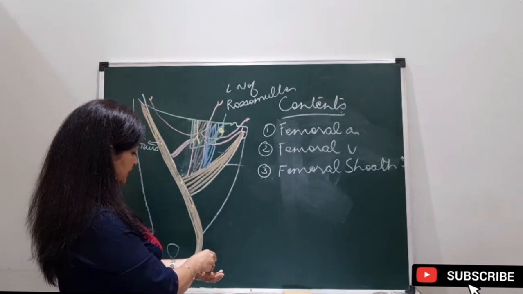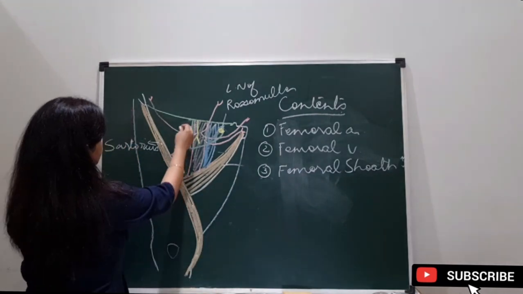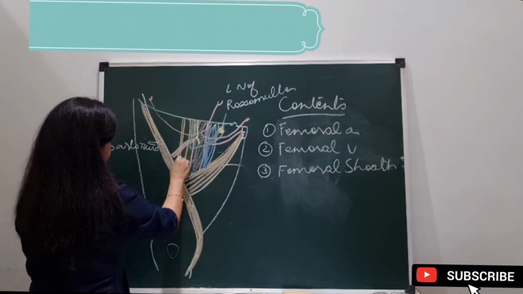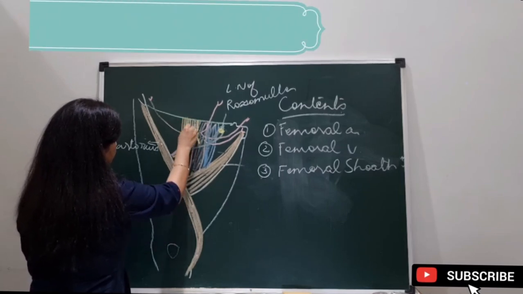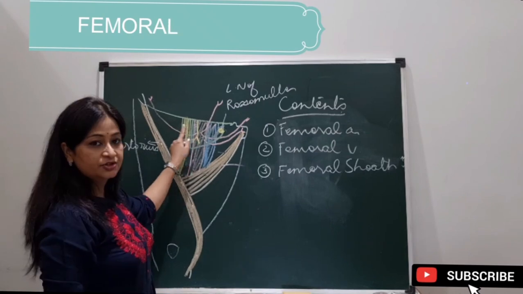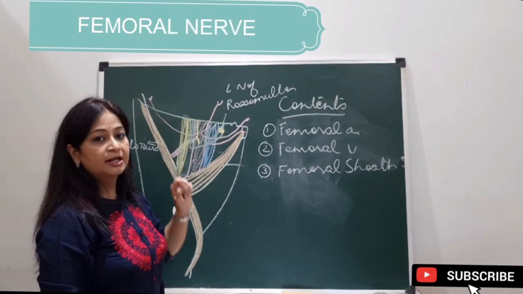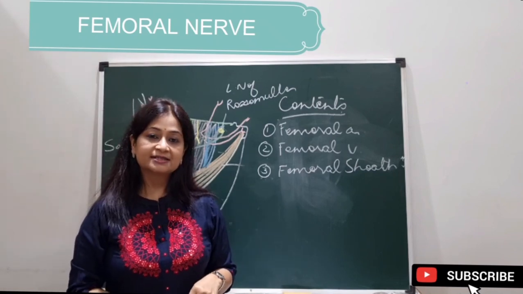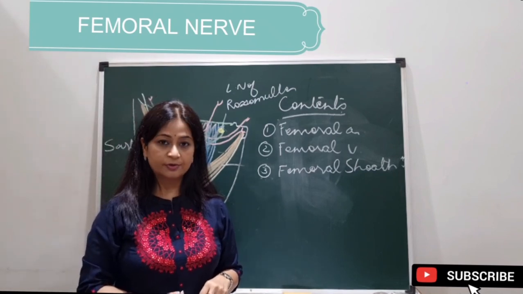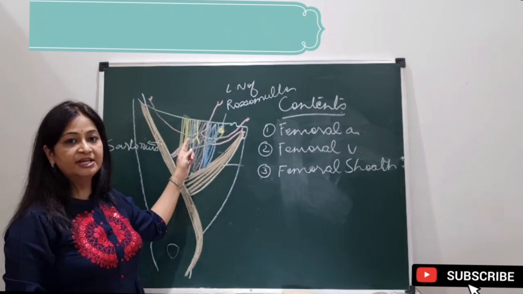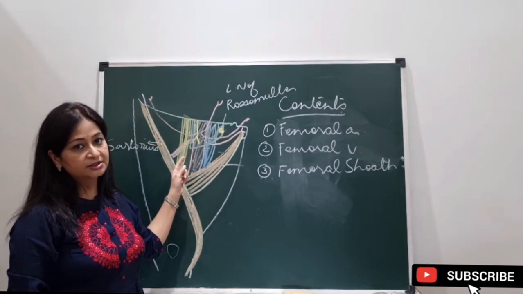Now the fourth content is a very important one, which is known as the femoral nerve. Now the femoral nerve lies lateral to the artery. It is a branch from the lumbar plexus. In fact, it is the largest branch from the lumbar plexus, and it supplies most of the muscles of the extensor compartment of the thigh.